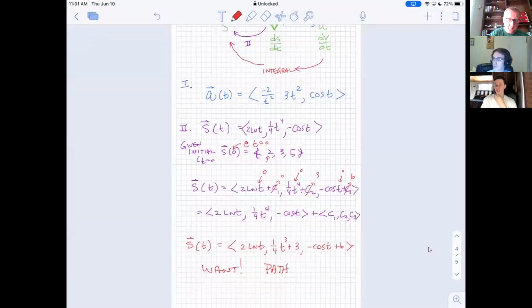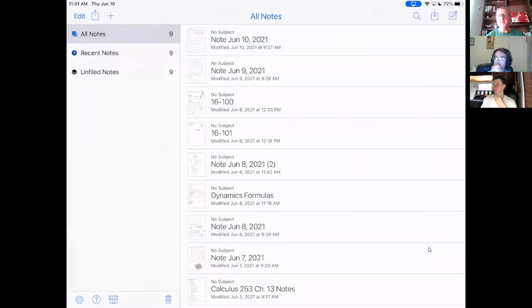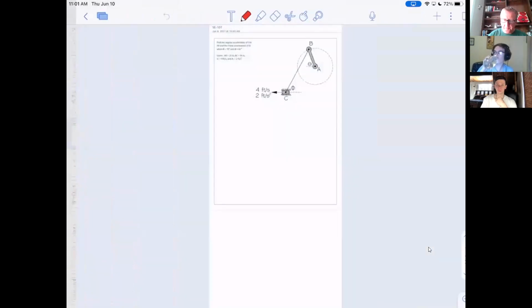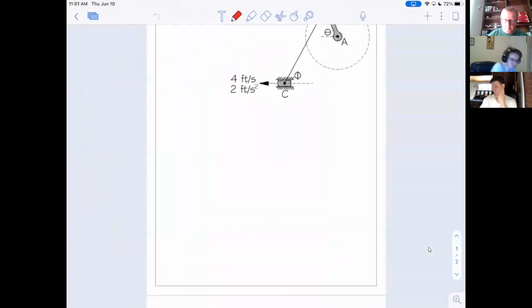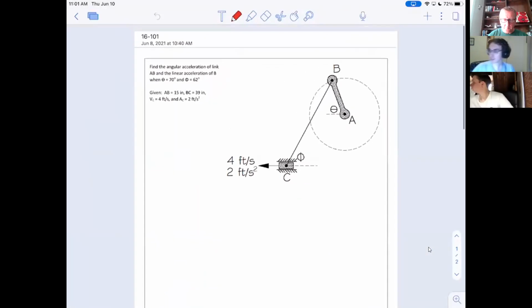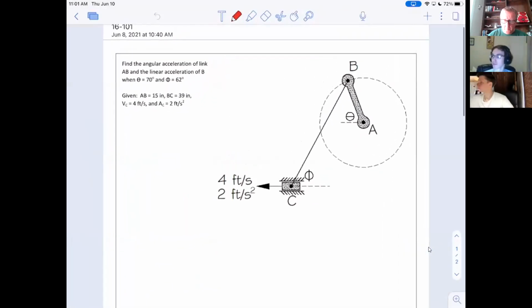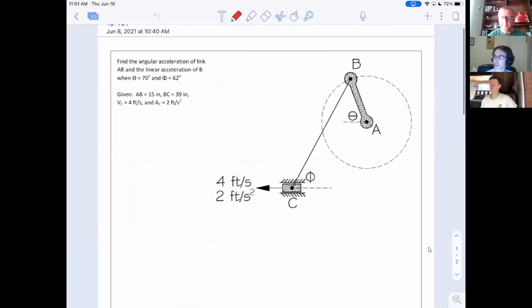Is that a 16101? Yeah, I put it way down at the bottom, right in plain sight so you can see it. It's not in a file. It should look like this.